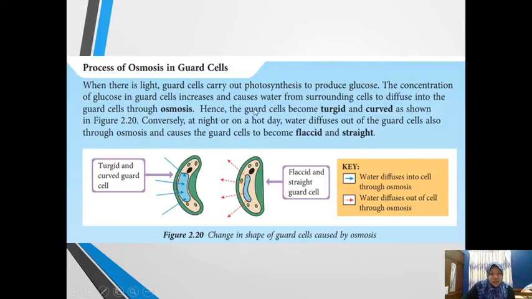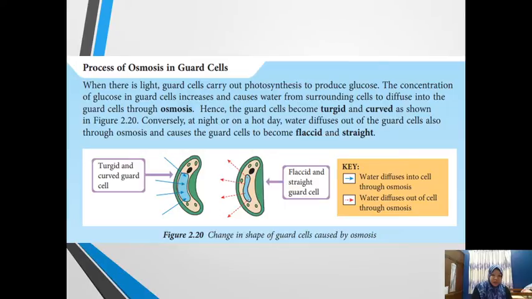So the concentration of glucose in guard cells increases and causes the water from surrounding cells to diffuse into the guard cells through osmosis. Di sini diterangkan kepekatan glukos, sebab glukos ni dah dihasilkan melalui proses fotosintesis tu tadi. So kepekatan glukos dalam guard cell tu akan meningkat sebab dia dah buat makanan sendiri, so dia ada glukos banyak.